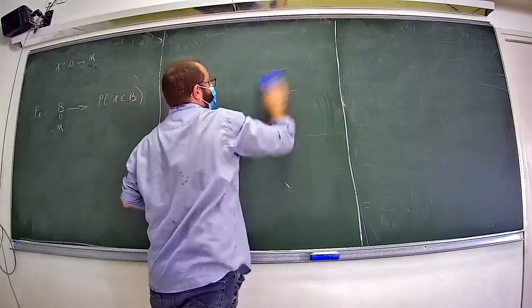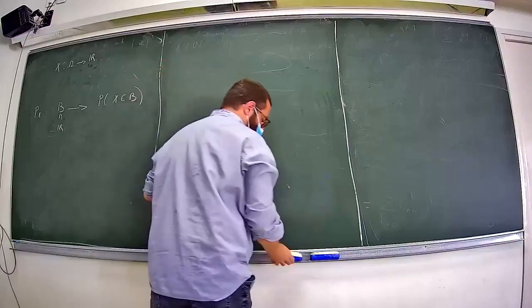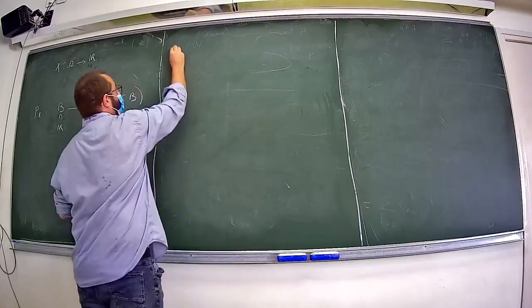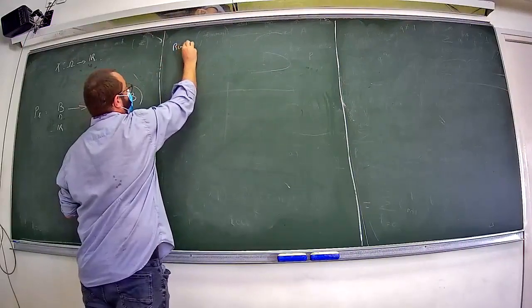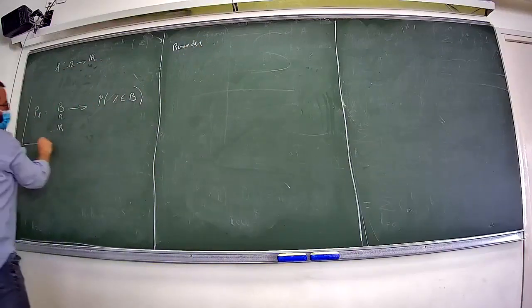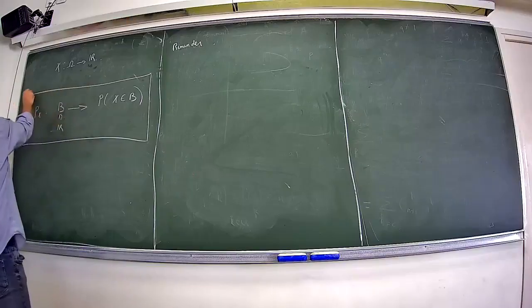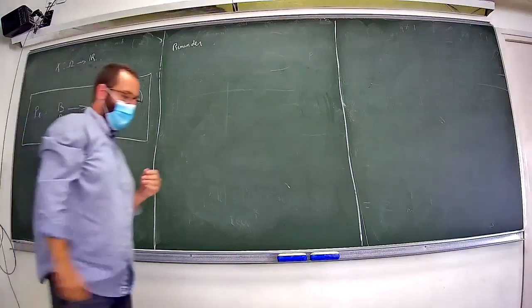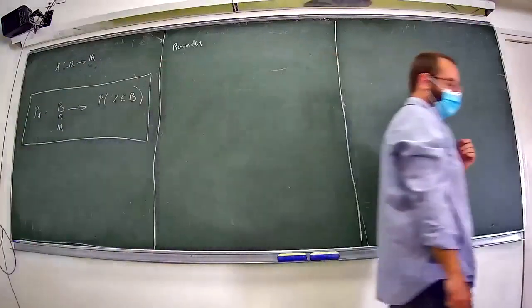A little reminder before doing this. I define P of X this way: to any subset of R, I associate the probability that X belongs to it.